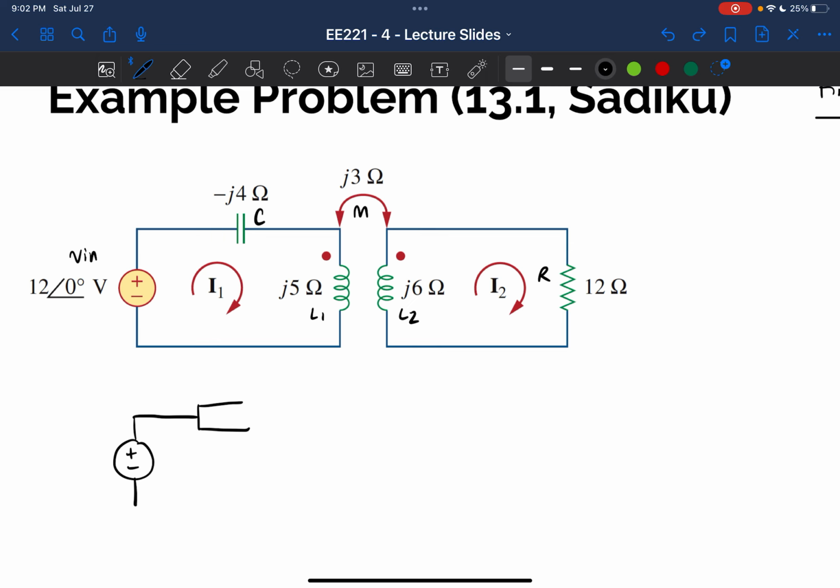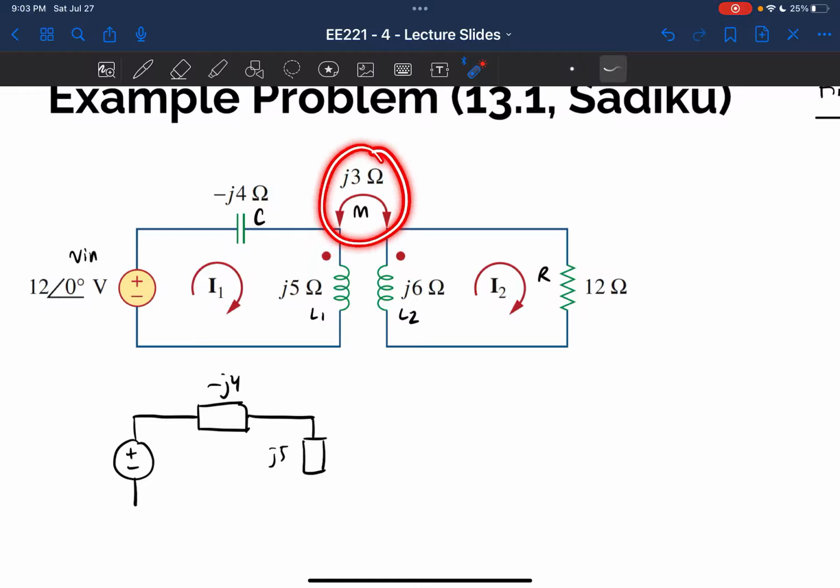So what we're going to do is write this here. I have an impedance, j5, for this first inductor, but I need to account, remember, I've got a current I2 that's flowing in this second inductor. I need to account for those flux lines that I know are coming out of L2 and basically linking L2 to L1, and I need to account for the flux lines that are linking L1 to L2, etc. And I know that this current induces a current flowing in this circuit, and vice versa.